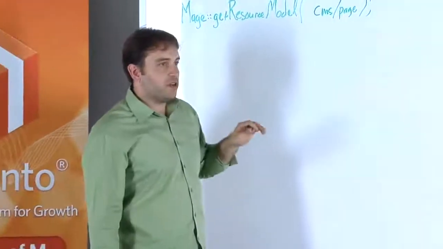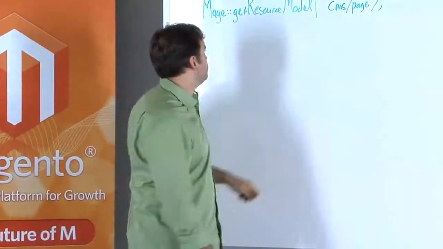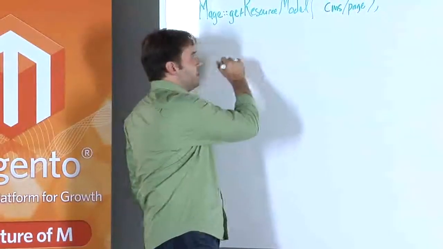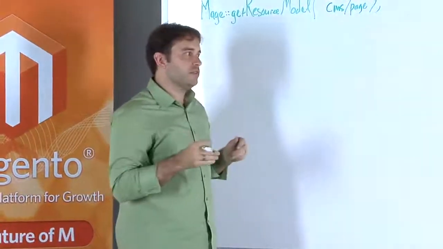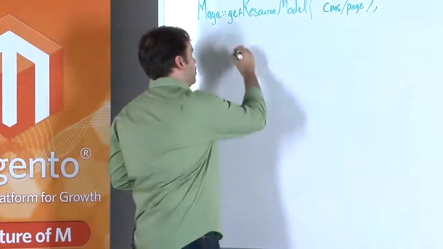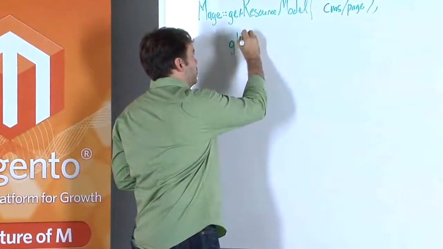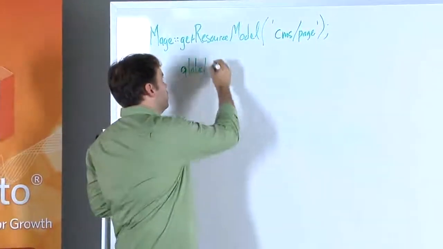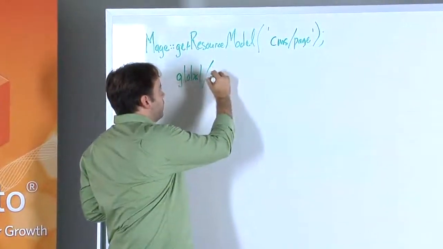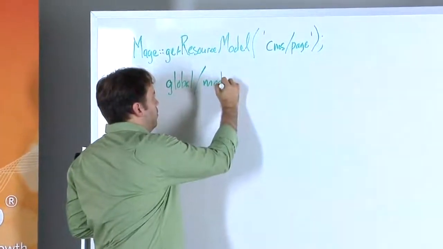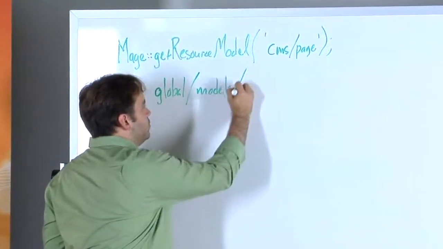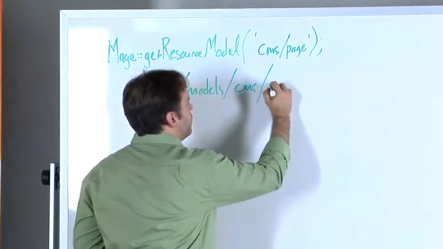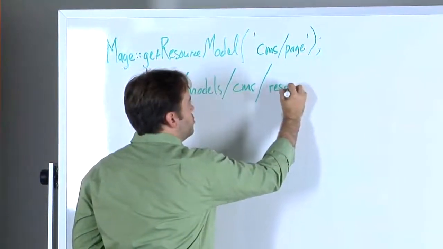Now the difference is, whereas CMS page in get model would look under a certain place in the configuration DOM structure, we're going to look for this XPath, global, and this is Mage Core Model Config, again, doing the work. Global, models, CMS, resource model.